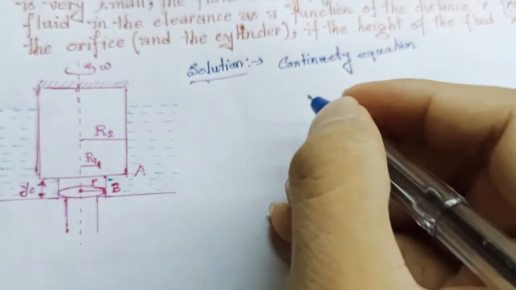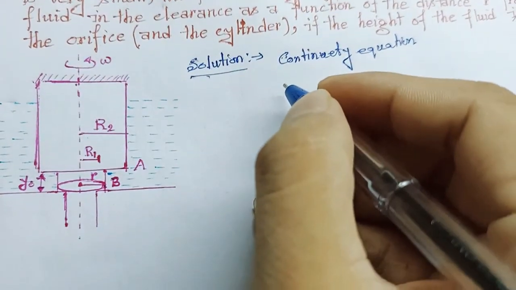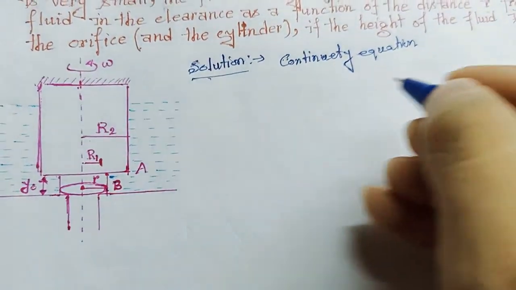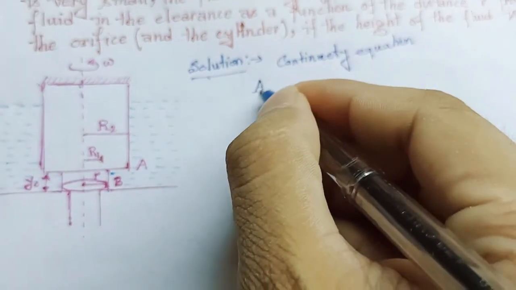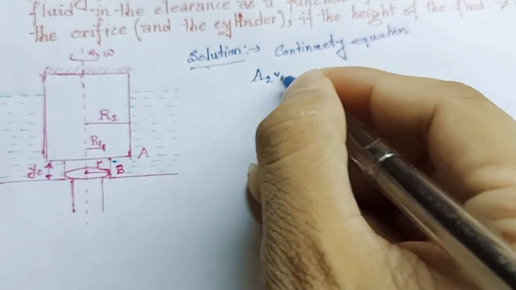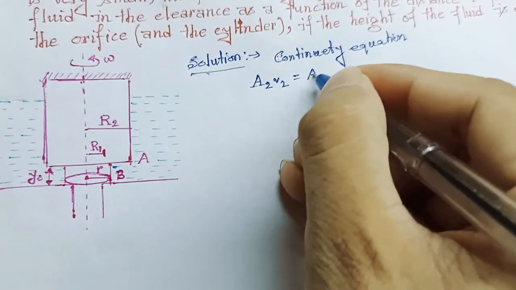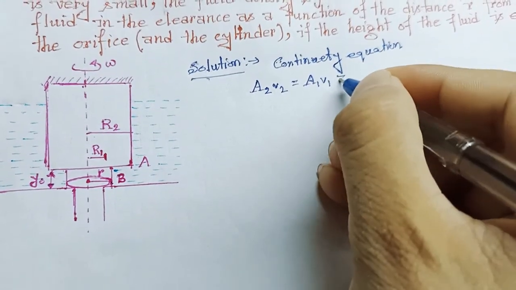From the continuity equation, as we know, a1 v1 equals a2 v2, which is again equal to A v.